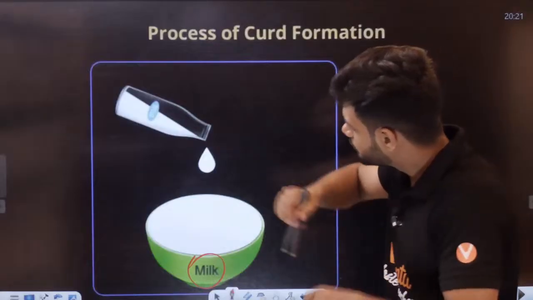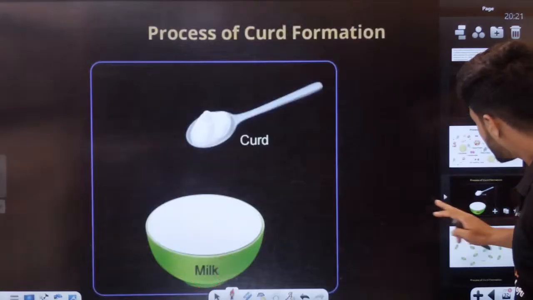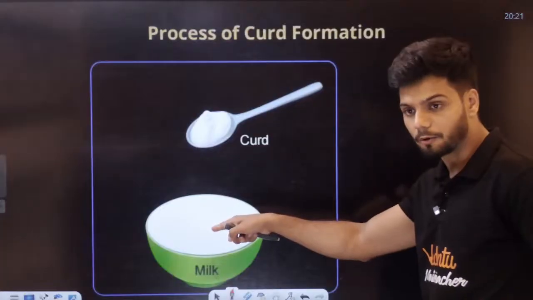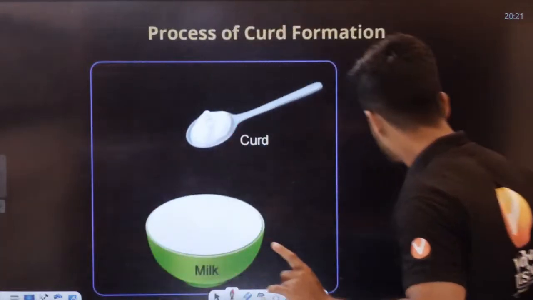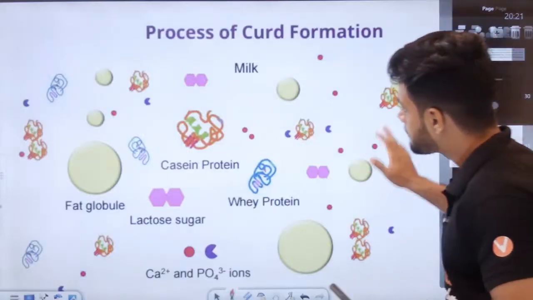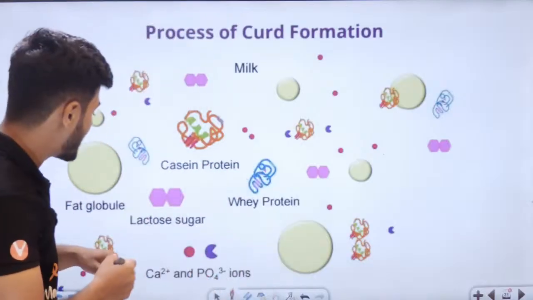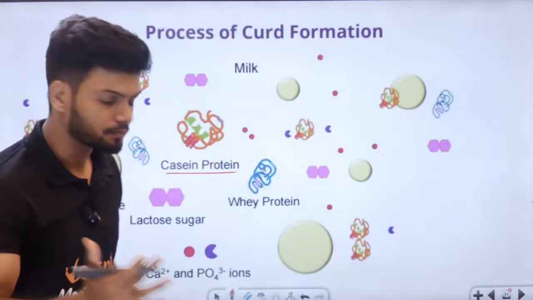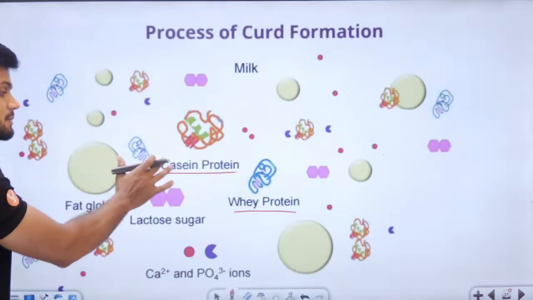To this milk, we add a spoon of curd. Now, I want all of you to understand what is present in the milk first. If you magnify the milk, it has proteins: casein protein and whey protein.